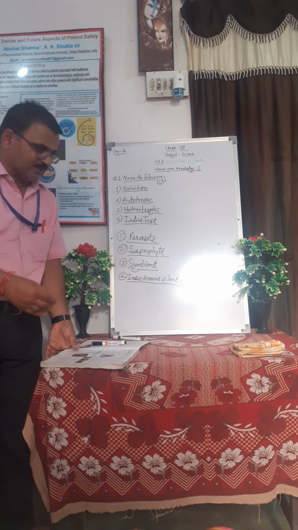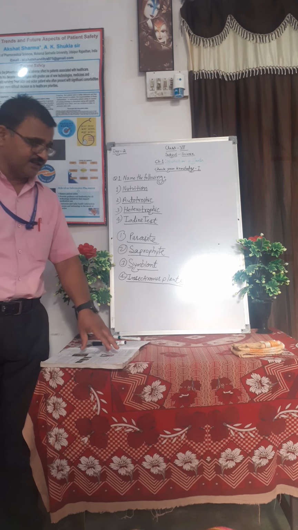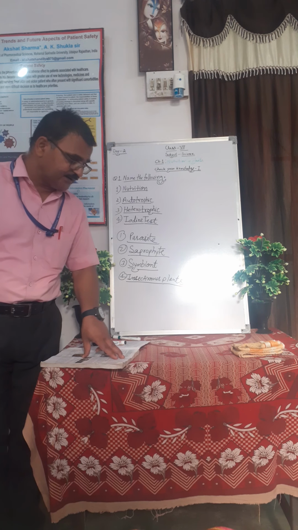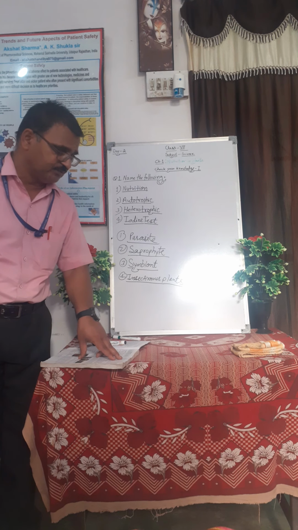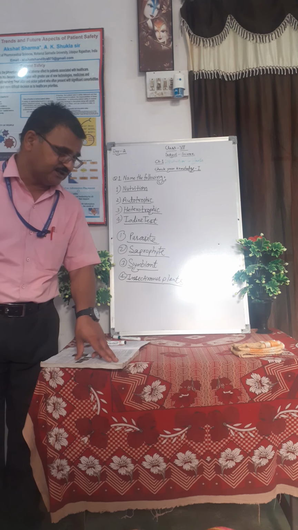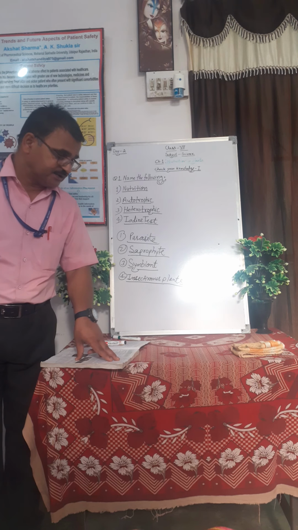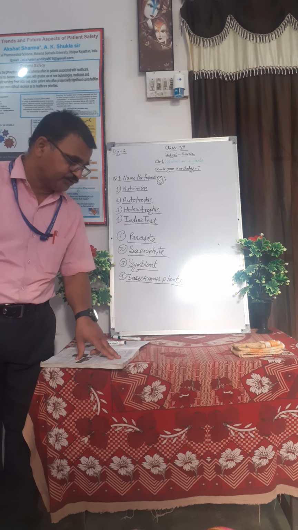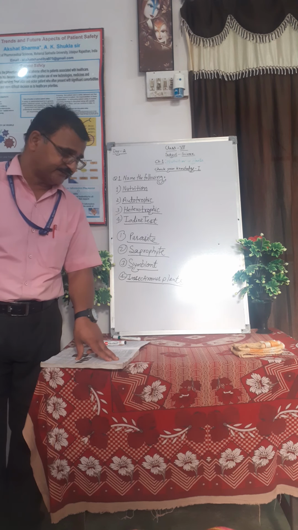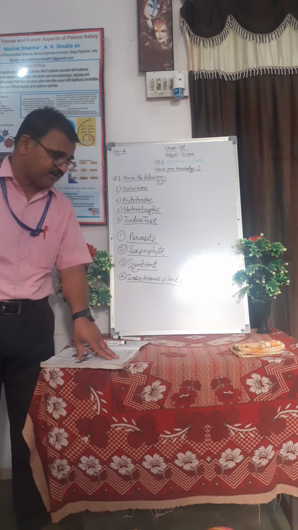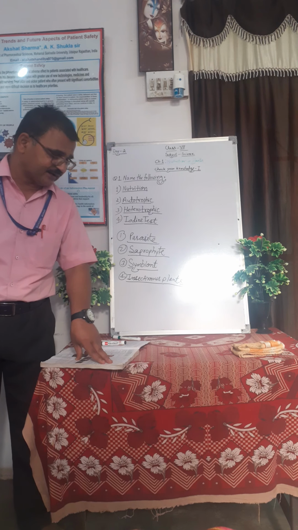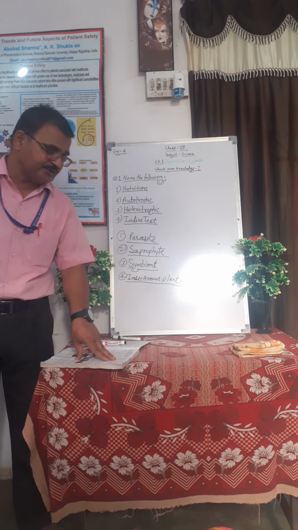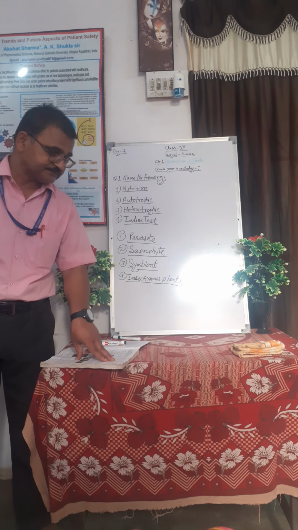ओके, वंस अगेन सिंपली वी आर रीडिंग इन द इंग्लिश नाउ. Similar relationship is found between the legume plant such as pea, gram, etc. and bacterium rhizobium that is found in the root nodules of these plants. Rhizobium converts atmospheric nitrogen into nitrates and nitrites that can be used by plants.